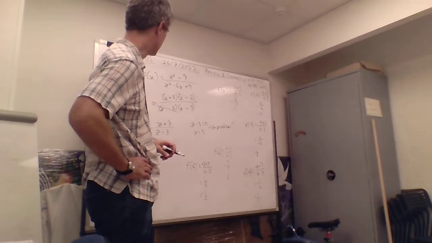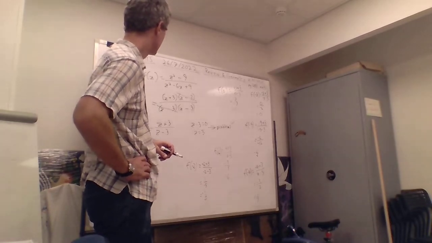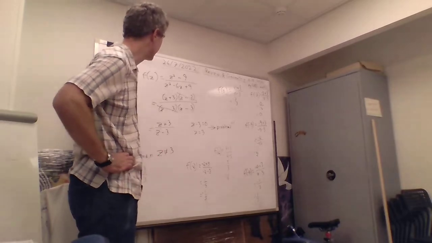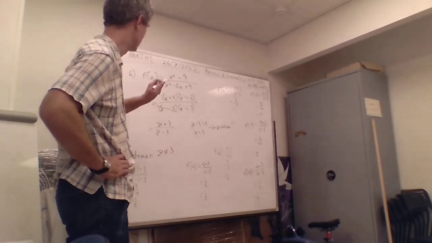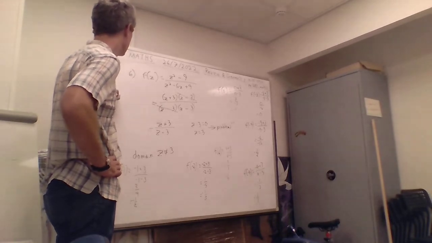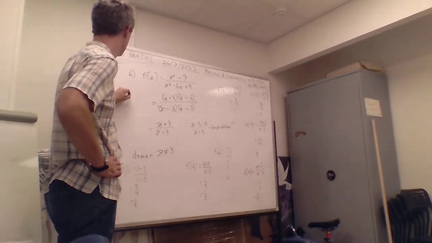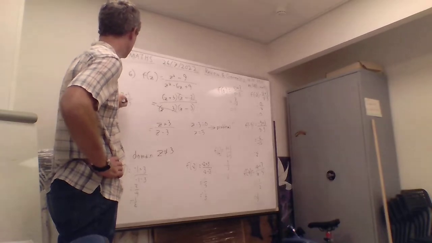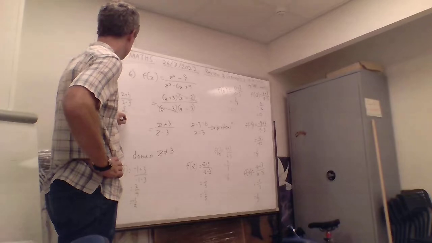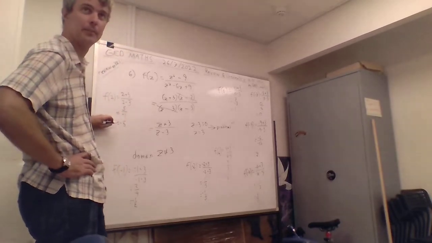Have we done close to 3, but not yet 3? Let's try f of 2. f of 2 equals 2 plus 3 over 2 minus 3, equals 5 over minus 1, negative 5. So here we can get big negative numbers.